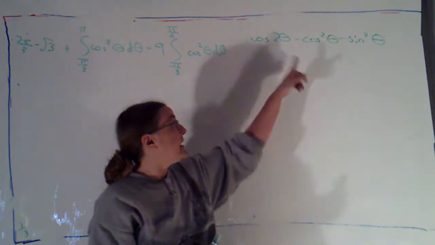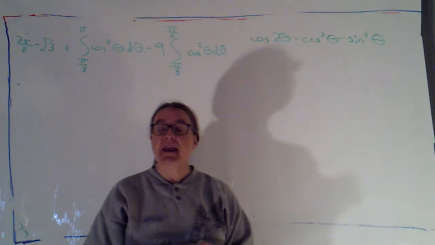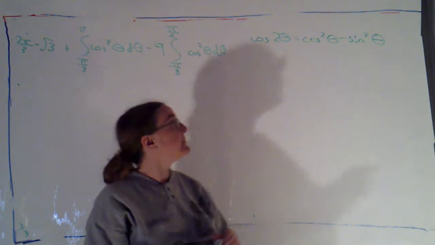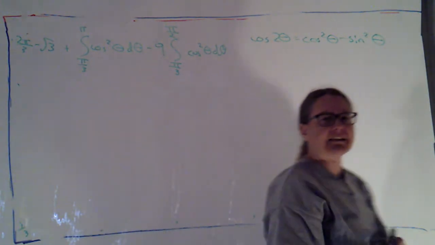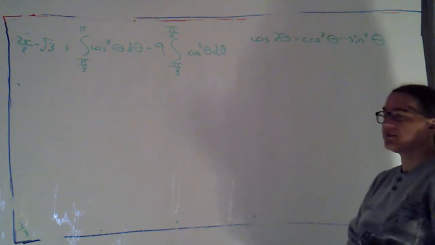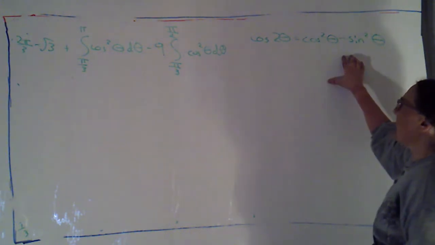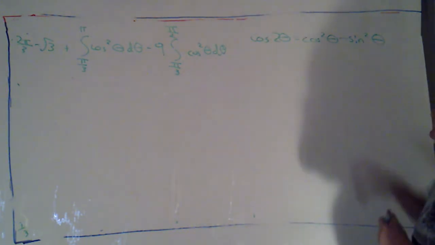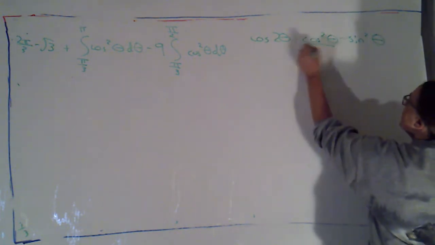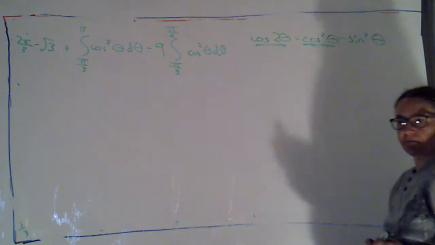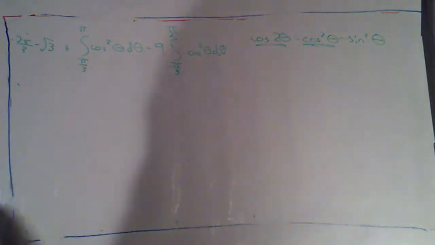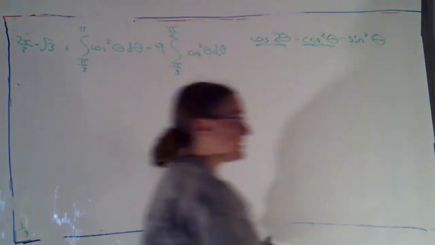Some of you may have actually already memorized the formula for what cosine squared is. I do have it accidentally memorized just because I've done integrals like this so often, but the way I accidentally memorized it was deriving it. Notice right now, cosine squared is the thing I want to integrate, and that's easy to integrate. So I like having those in an equation so that I can get a connection between them.